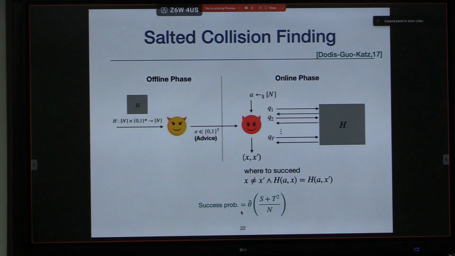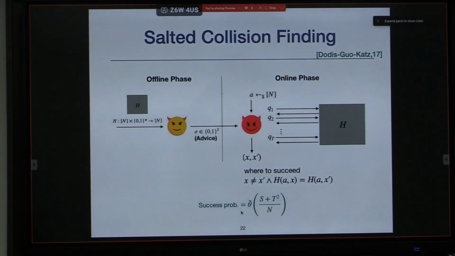Yeah, then you cannot store the collision. But that's true even in that case: when your advice is smaller than 2 log n, then you can't win even in the unsalted hash function model. In that model as well, you can't.